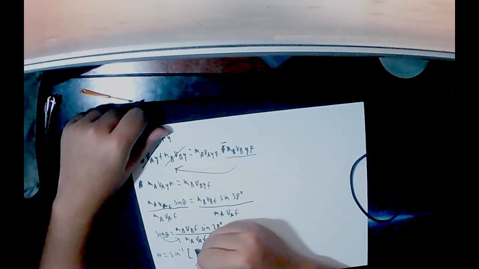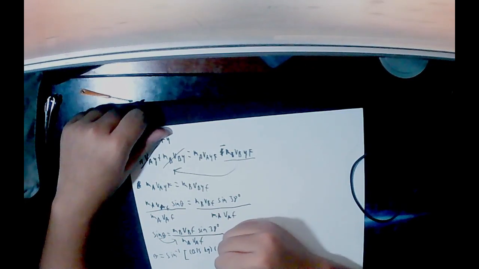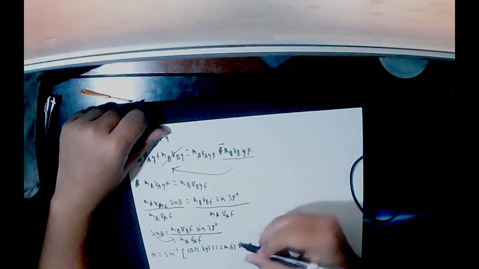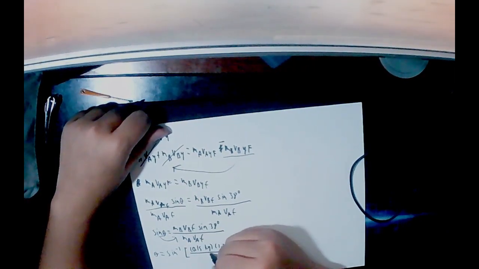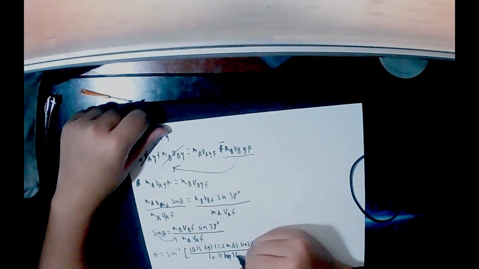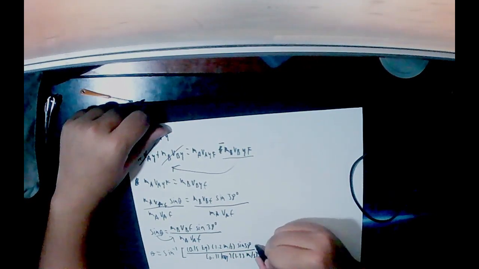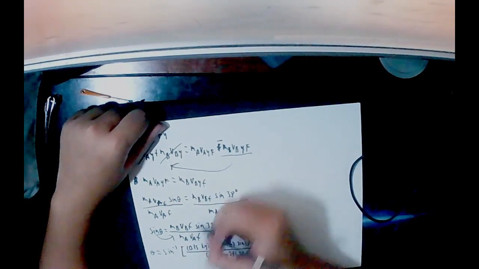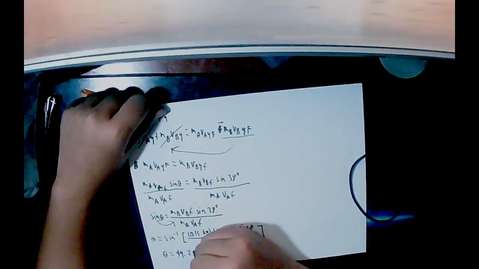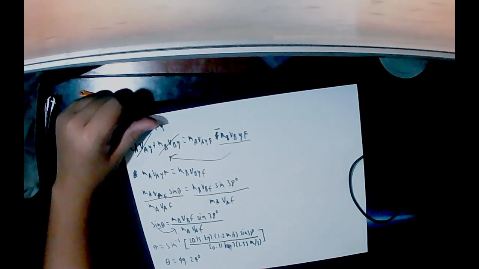So, 0.15 kilograms times 1.2 meters per second times sine 38 degrees over 0.11 kilograms times 1.33 meters per second. So, calculate lang natin yan at ang makukuha natin sagot ay 49.24 degrees. So, medyo mahaba-habang process ito, ano?